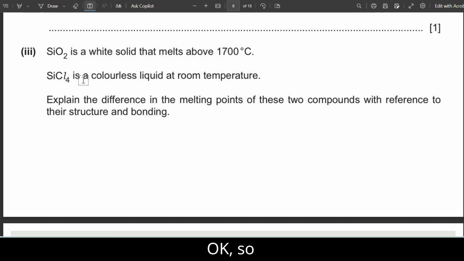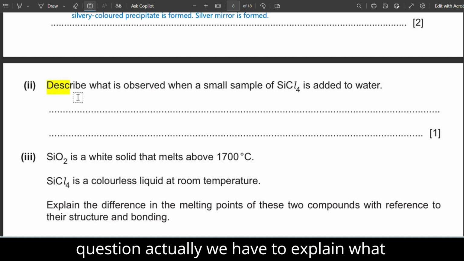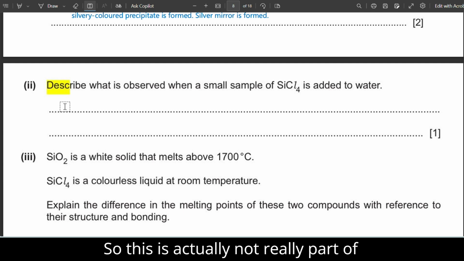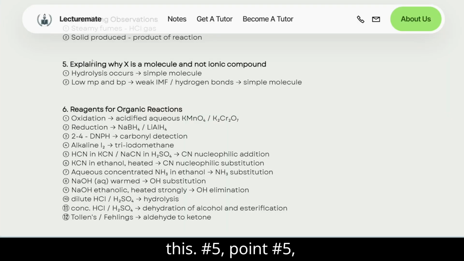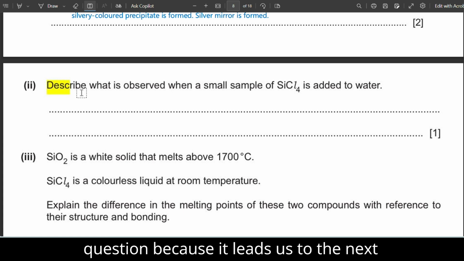Okay, so SiCl4. The first question is that we have to explain what happens when SiCl4 is added to water. This is not really part of this number 5, but nevertheless I will be answering this question because it leads us to the next one.